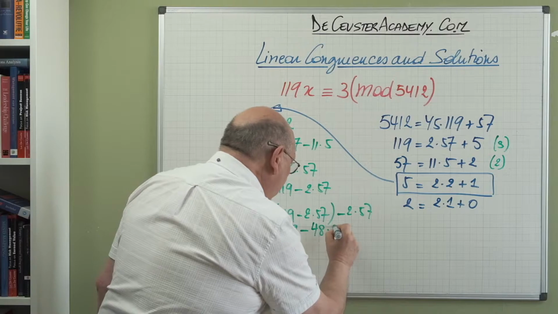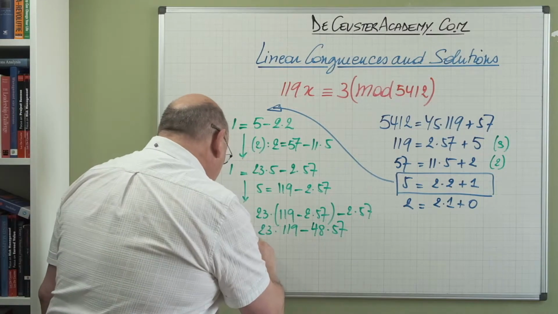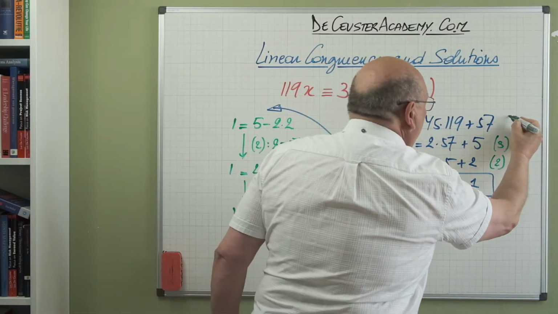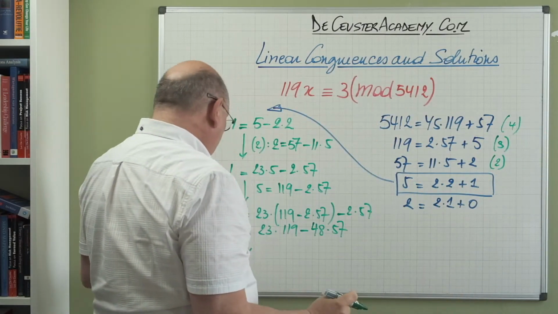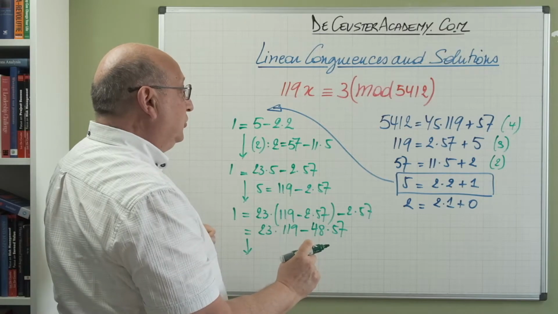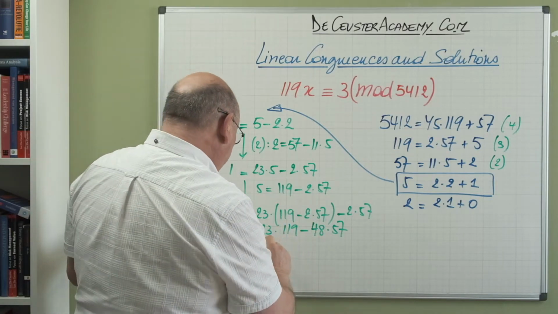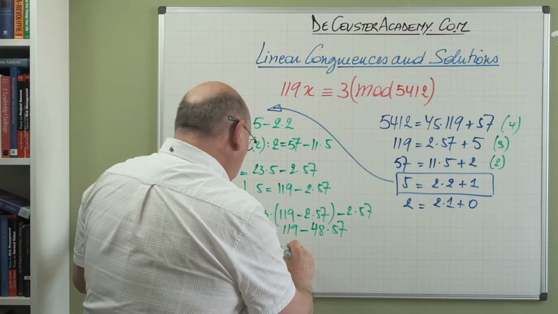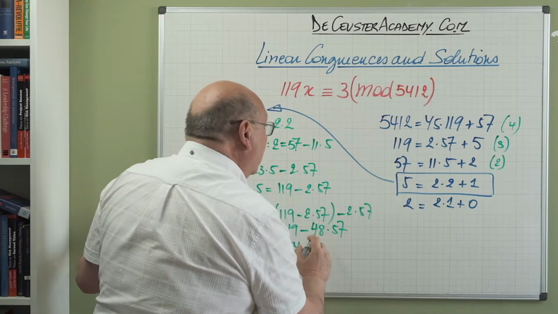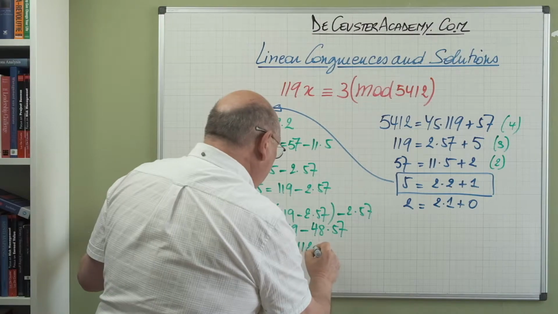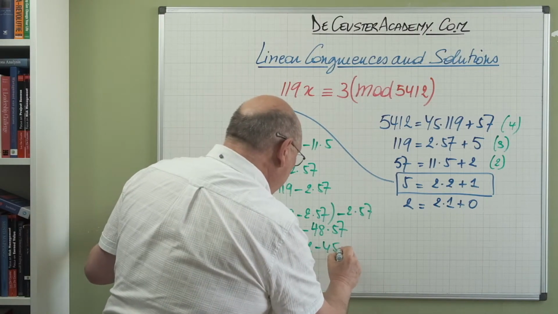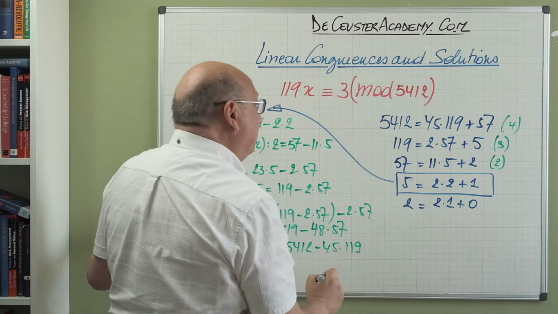And from here we can go to the last equation, the fourth equation, and that fourth equation tells us that 57 is equal to 5412 minus 45 times 119.